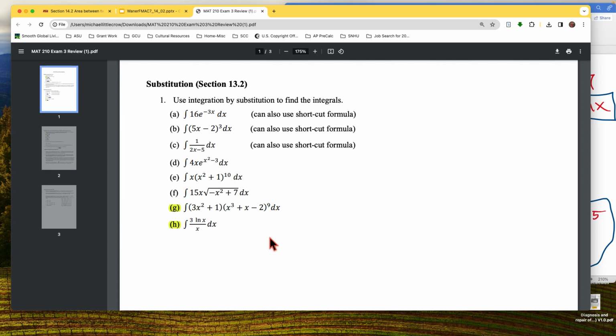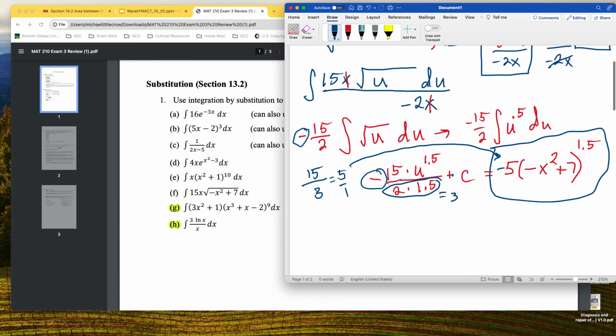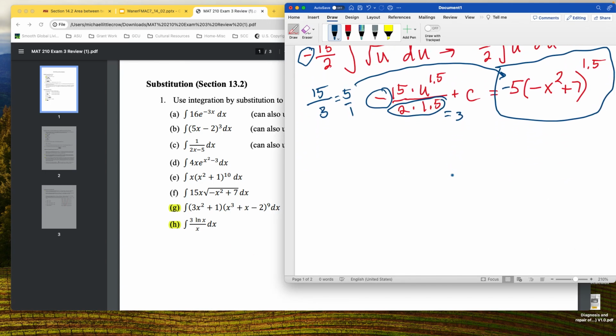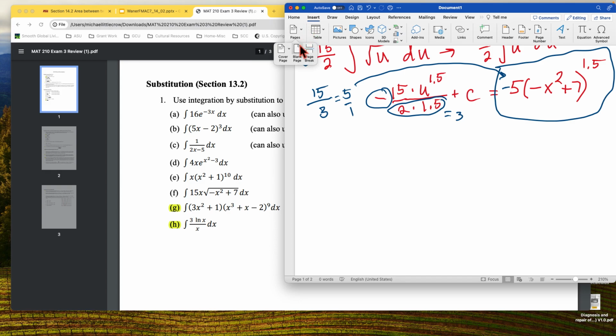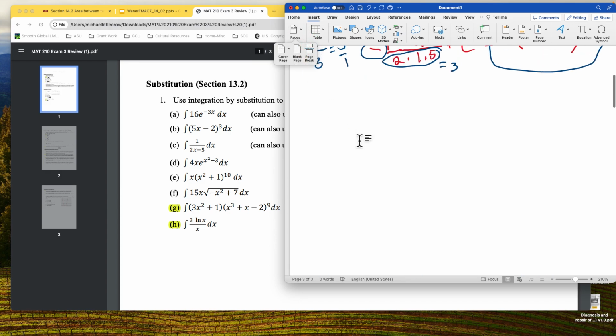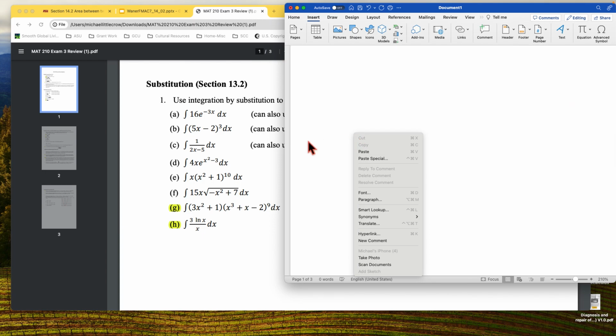It's one of the hardest parts of H: what should we make the U? Let's go here.